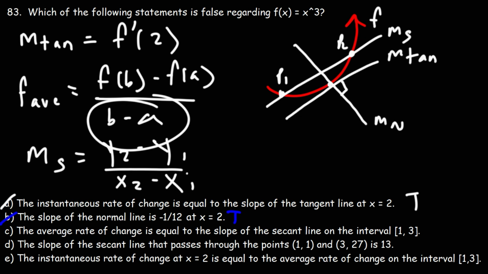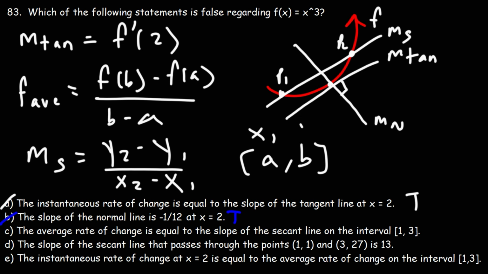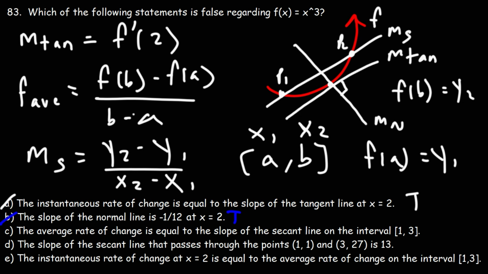A and b are x values. So when you have the interval a and b, this is x1 and x2. When you calculate f of a, that'll give you y1. F of b will give you y2. So what that means is that the average rate of change is equal to the slope of the secant line that passes through 2 points on the interval a to b. So C is a true statement.